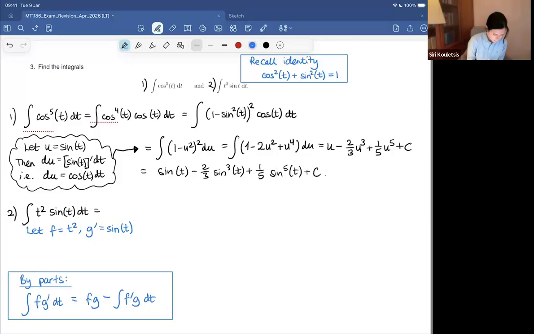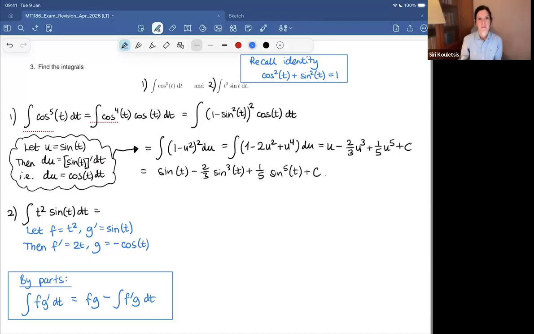Okay, so with that selection, F prime is 2t, and then we integrate G prime to find G. Well, sine t integrated is minus cosine of t. Now, the way I remember it, I remember that the derivative of cosine is minus sine, right?